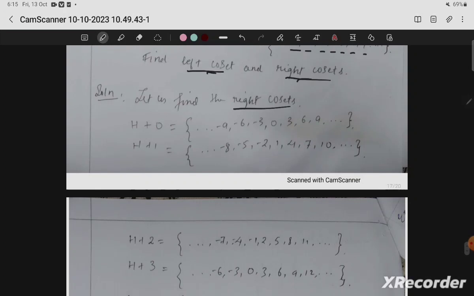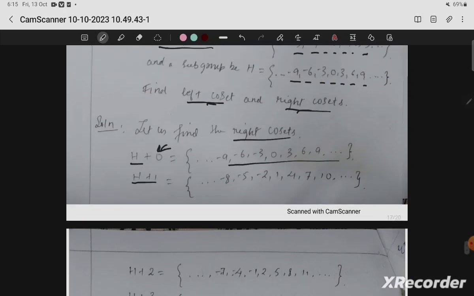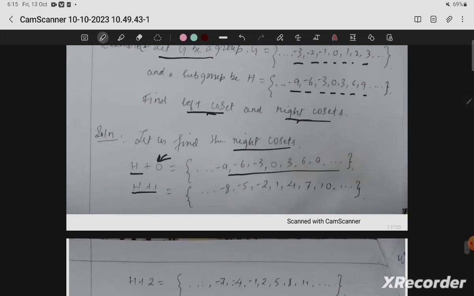If we add 0 to H, since we are finding the right coset, we will add on the right side. So if we add 0 to H, we will get the same thing. And if we add 1 to H, then minus 9 plus 1 will give us minus 8. Minus 6 plus 1 will give us minus 5.